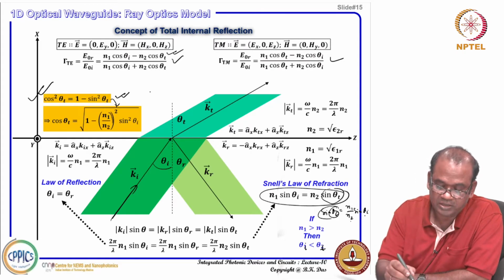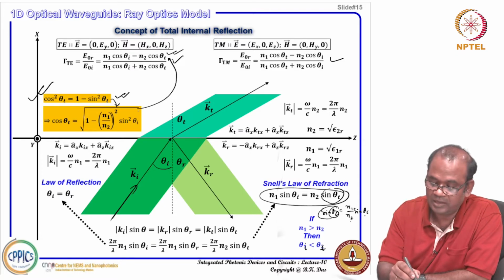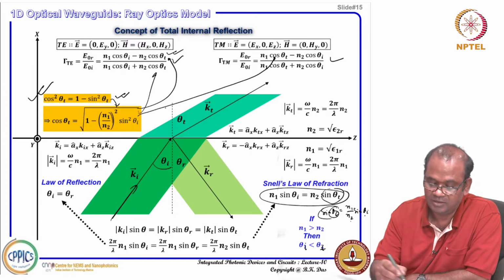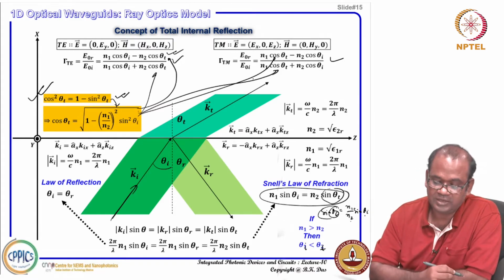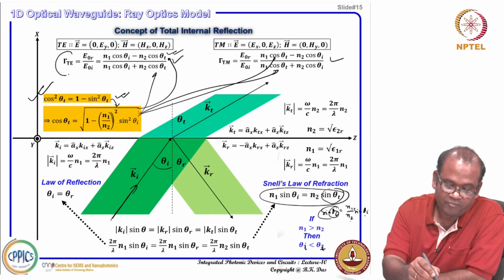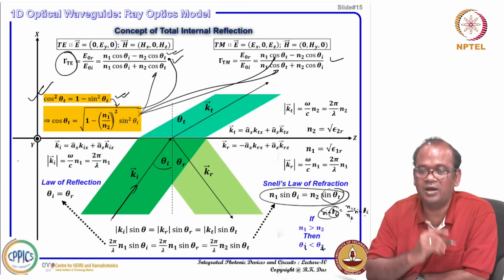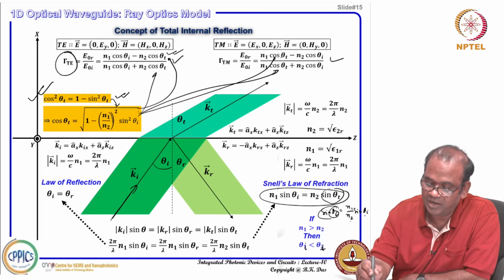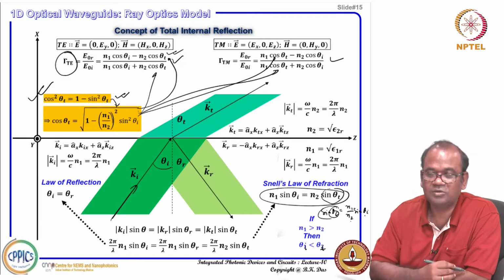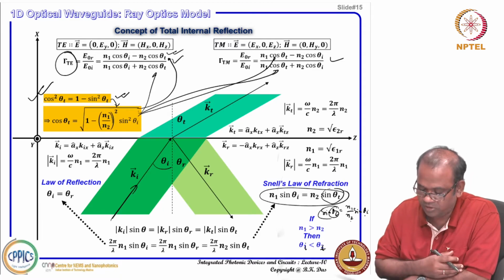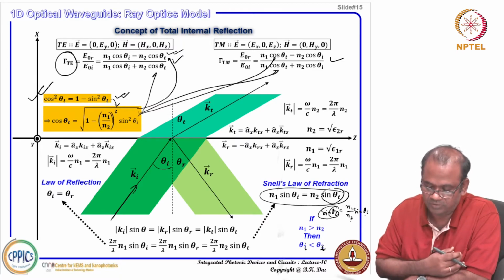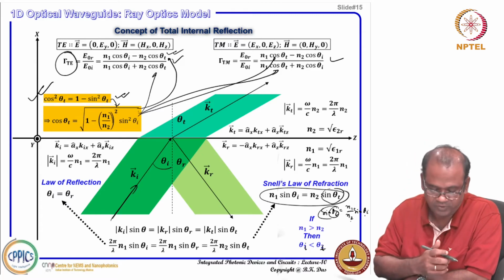So this cos theta t value I can insert here, here, here, and here. So all these values we can insert, then I can get our reflection coefficient in terms of only theta I and n1, n2. That is straightforward, we have just used Snell's law, because Snell's law is proved from the boundary condition, we can take it for granted.